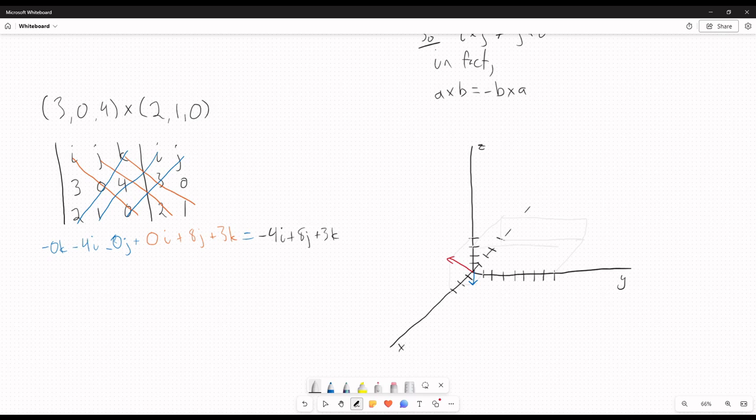Just draw my little box to help me keep this straight. And we'll have this vector going off in this direction.